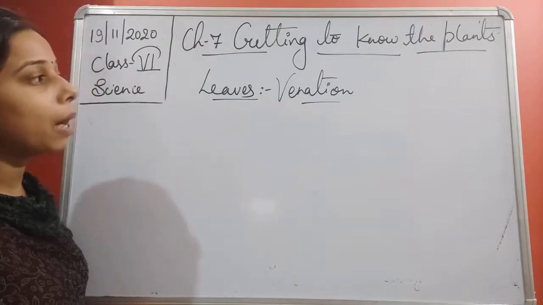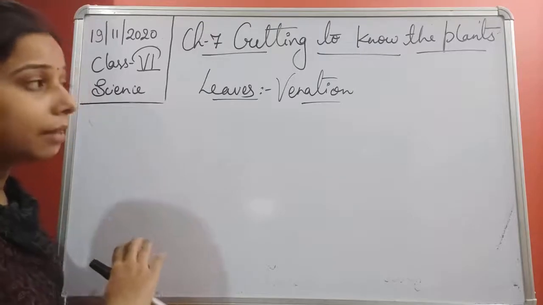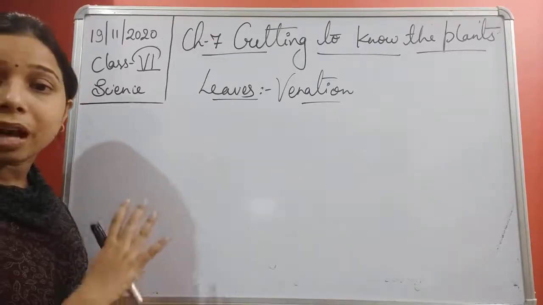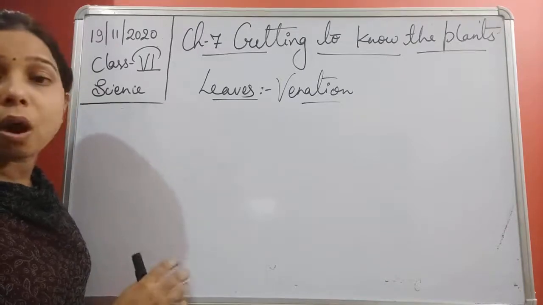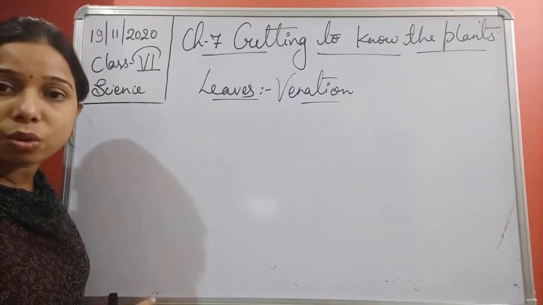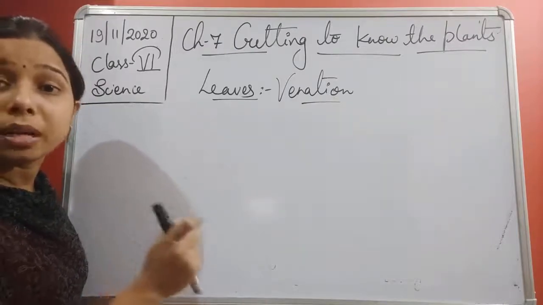If we talk about reticulate venation, the pattern or arrangement of the veins is such that it shows a net-like design or structure. Such a venation is known as reticulate venation.